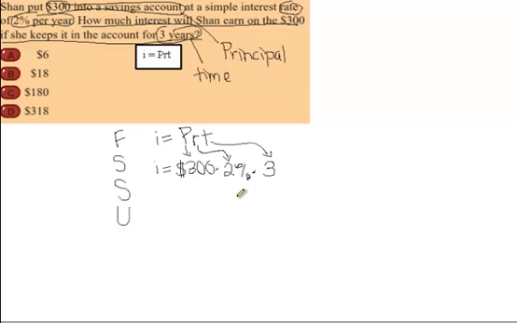We have never, ever, ever multiplied by a percent. We only multiply by fractions and decimals. So you have to make this percent into a fraction or a decimal before you multiply. So what this really means is 300 times 2% times 3. Change the 2%.